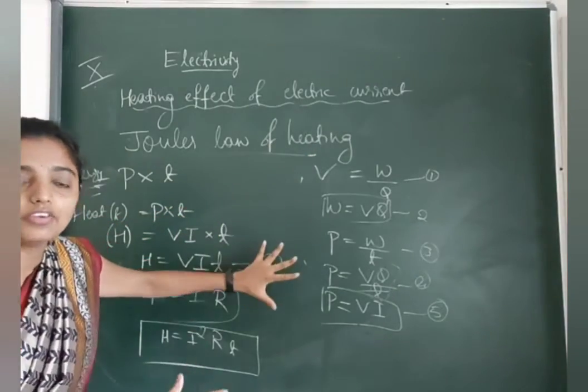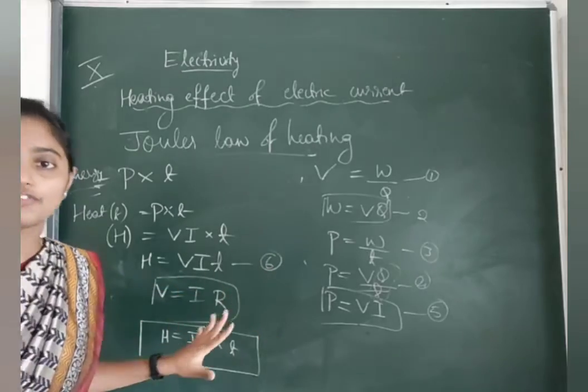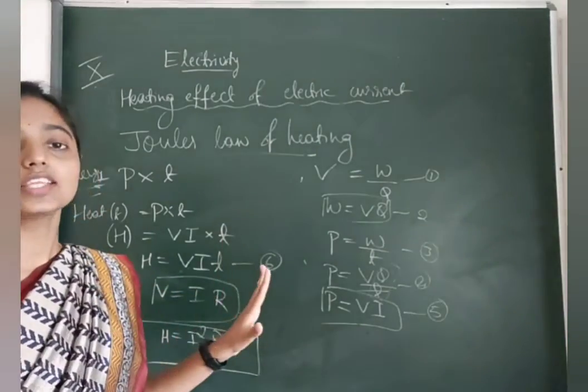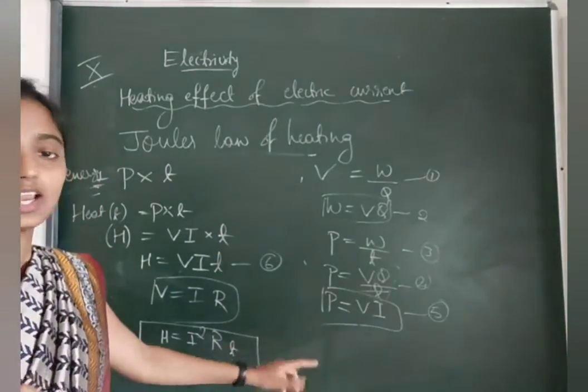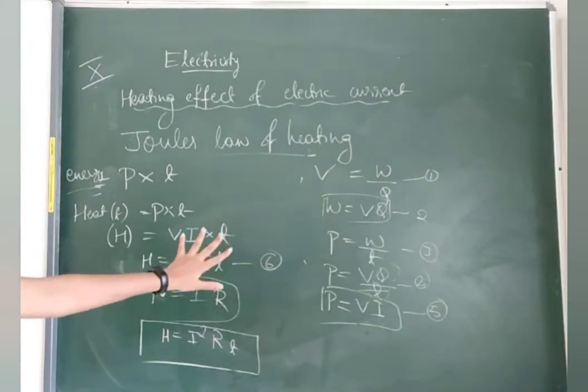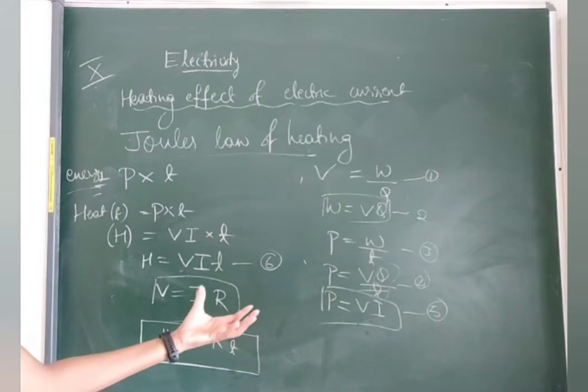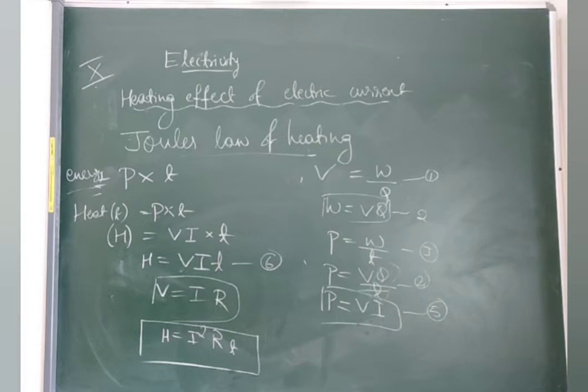So this is to derive the equation for heat. If they ask for derivation, you need to write this one. If they ask to state Joule's law of heating, I'll tell you how to explain this equation. It is named after the scientist James Prescott Joule, and we are naming it with his last name, that is Joule's law. This law tells how heat is interrelated with current, resistance and time.